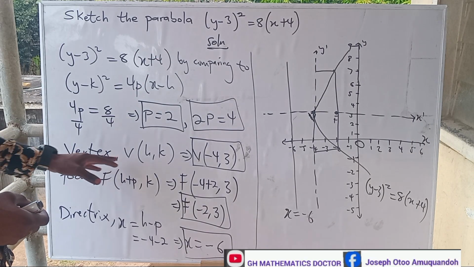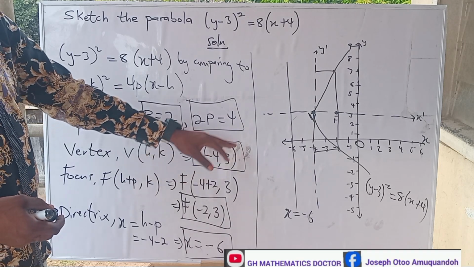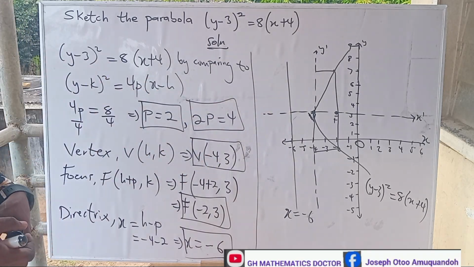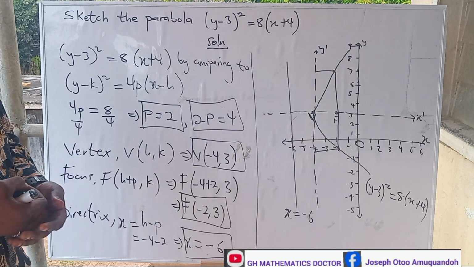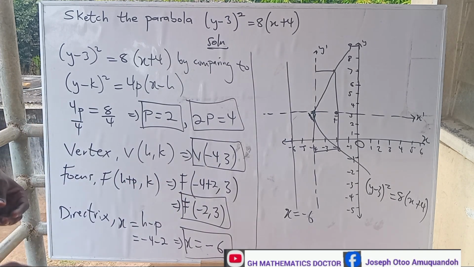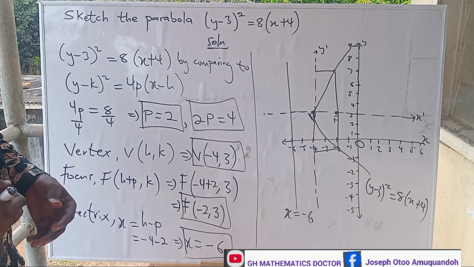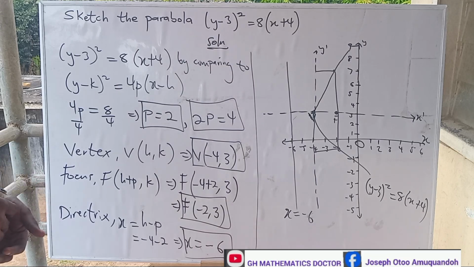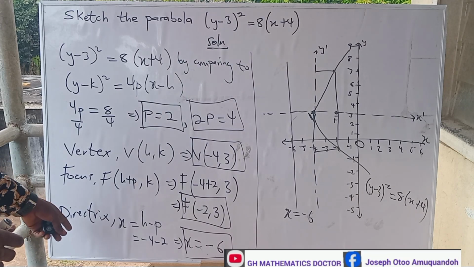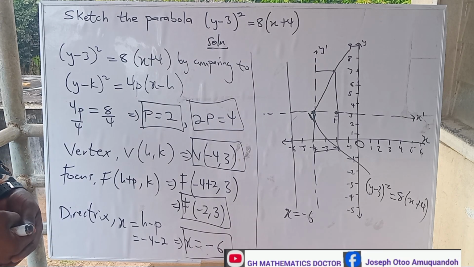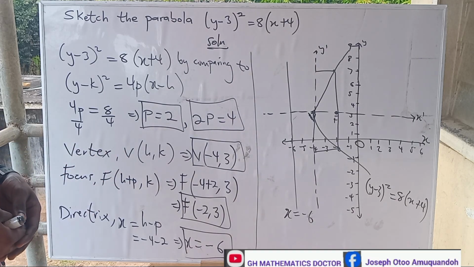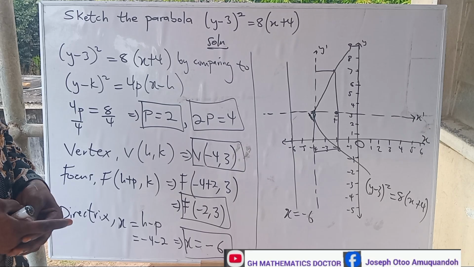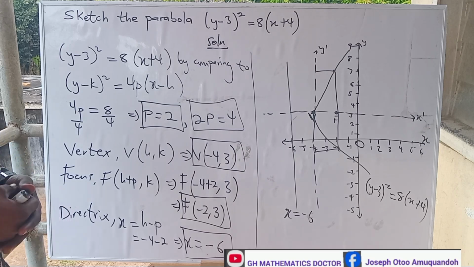Then also the vertex will be the new point that will be located where the parabola will pass through. And the focus is the exact point found inside the parabola, that will give you the distance from the vertex to the focus. And we have the directrix, which gives you a line perpendicular to the x-axis, since the parabola is found on the x-axis.